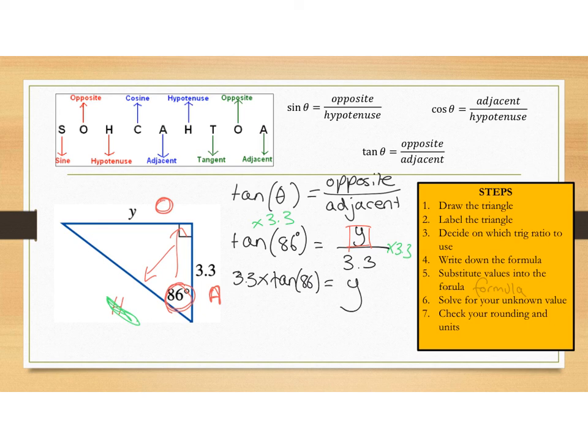And then I go to my calculator, and if you're using the little green calculator, you'll see that there's a tan button. So you simply put in 3.3 multiplied by, press the tan button, and you'll see a little open bracket show up. Pop in your 86, close the bracket, press enter. And it will give you the answer 47.19 if we're rounding to 2 decimal places. So y is equal to 47.19.